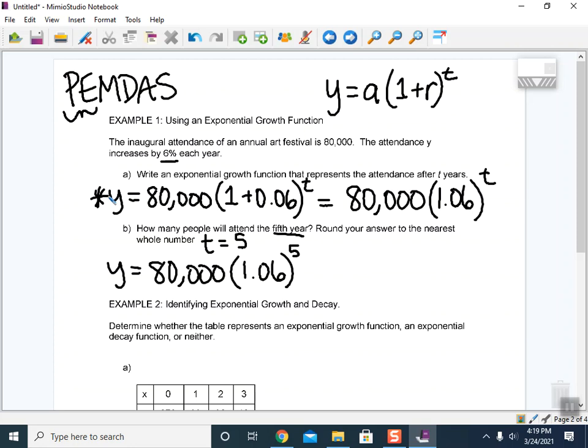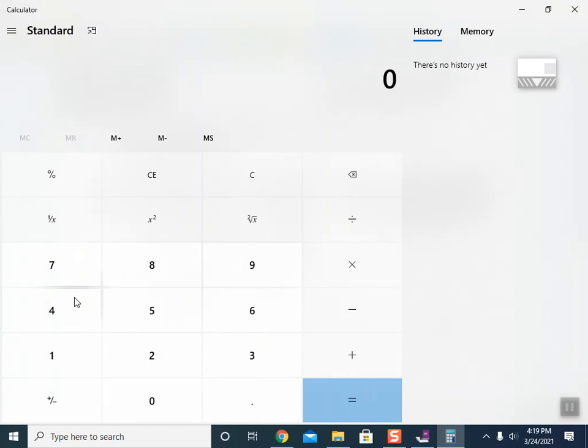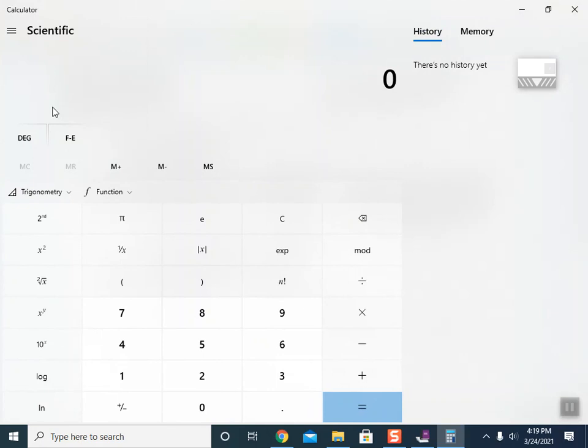So as you are doing this, let's see if my calculator can do it this fancy. I don't think it can on here. Maybe I can. Cool. Scientific? That's what we want. Okay.